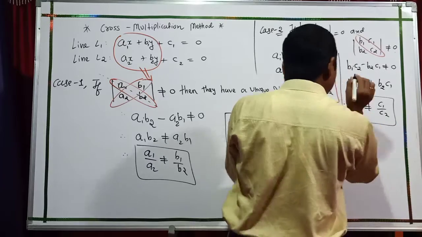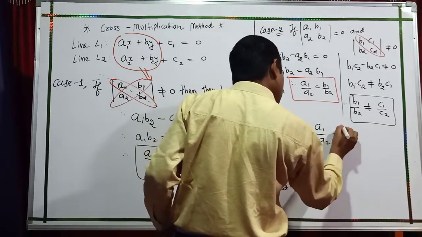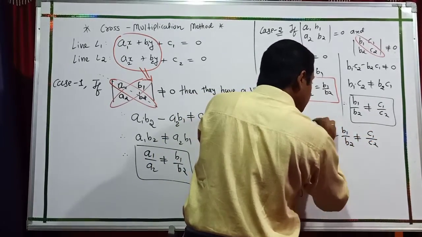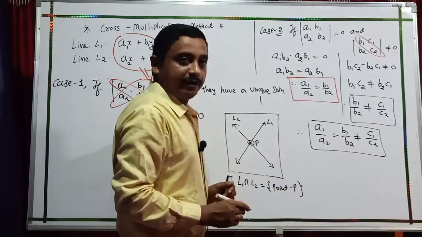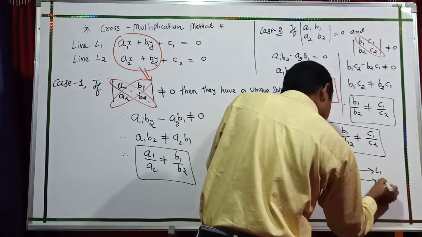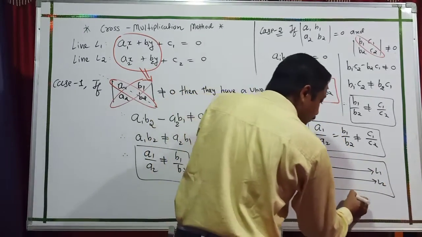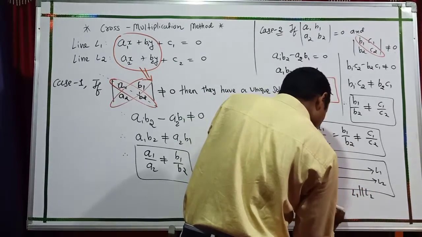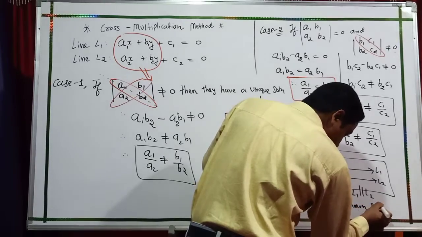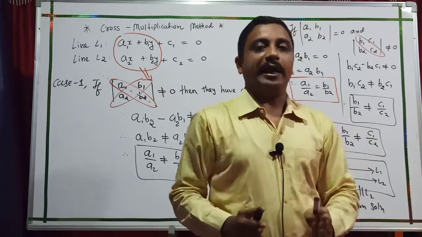So finally I join both conditions: A1 by A2 is equal to B1 by B2 and not equal to C1 by C2. This condition applies when both lines are parallel. Here L1 is parallel to L2, so no common solution. It means both lines never intersect, they are only parallel.